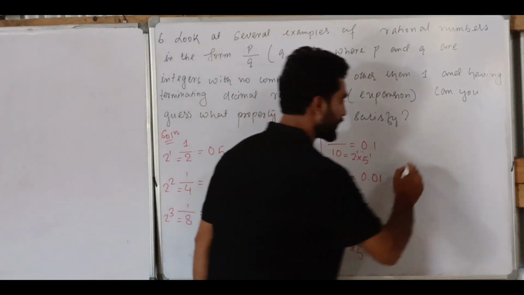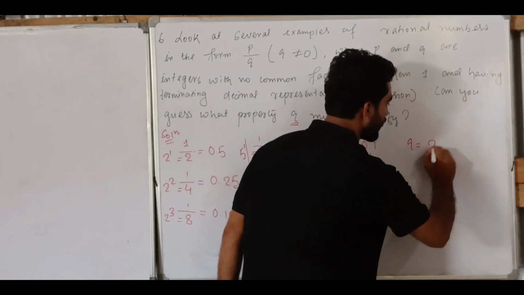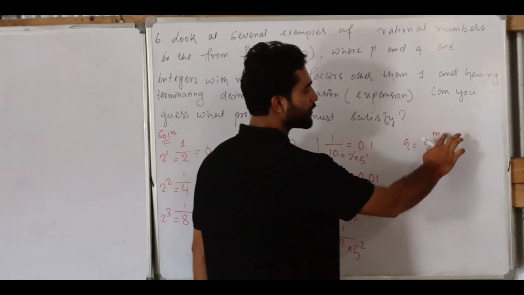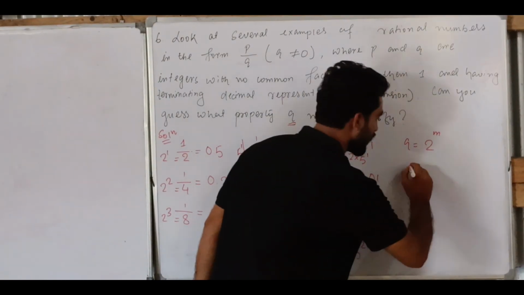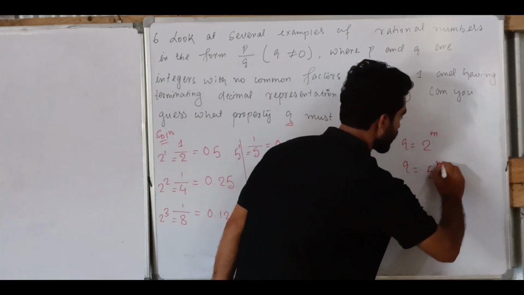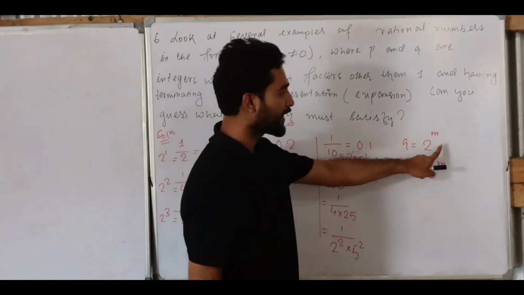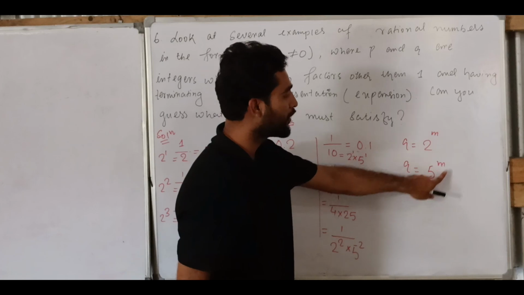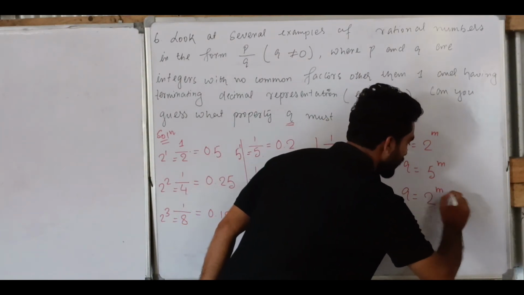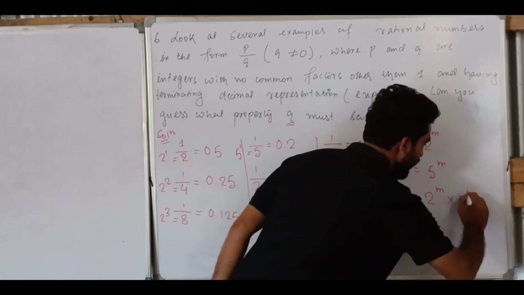So there are three conditions. The q can be 2 to the power m, where m means any number. Or the q can be 5 to the power n. It can be 2 to the power something alone, 5 to the power something alone, or 2 to the power m into 5 to the power n.